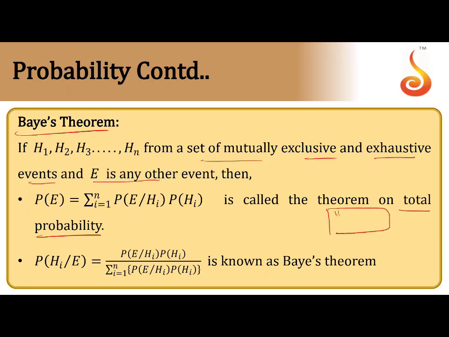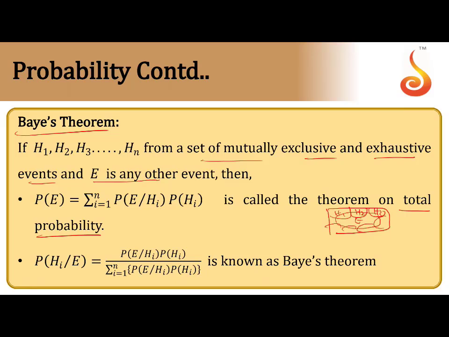There are events H1, H2, like that H3. All are mutually exclusive. There are no common elements. And there is an event which is connected with all the events.